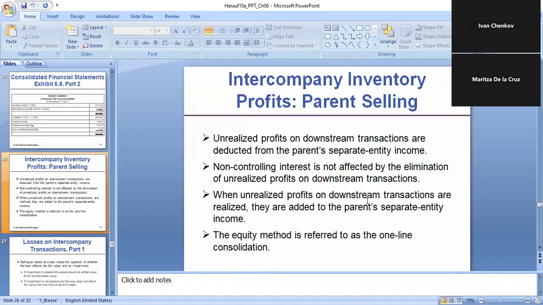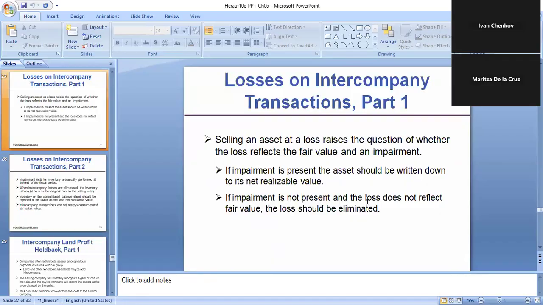And when unrealized profits on the downstream are realized, they are added to the parent's separate entity income. In this case, the equity method will be referred to as one-line consolidation.